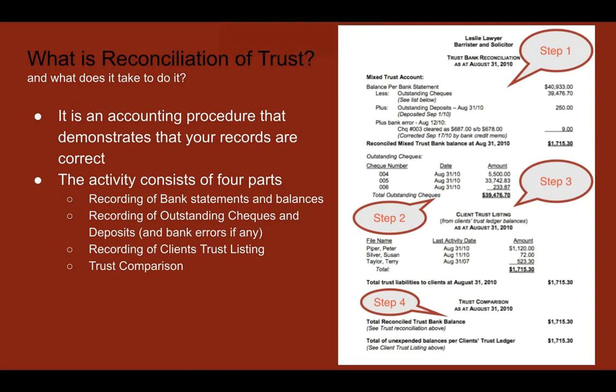That way, if there's any bank error, anything that you spot while looking at your bank statement, you would go ahead and try to enter them right away. So, if there's any bank error, you would want to fix them in the same month so you don't carry them forward.